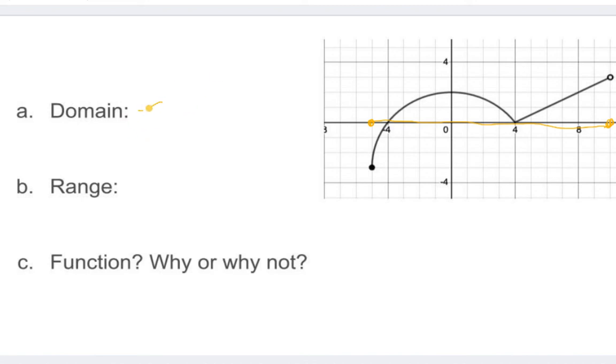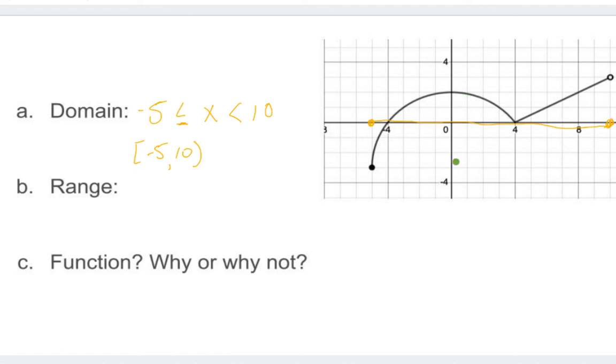It goes from negative 5. It includes negative 5, so make sure there's a line under your inequality sign, but it does not include the 10. So when you write your inequality sign, make sure there's no line under it. So that means this is a bracket, that's a parenthesis, and it goes from negative 5 to 10.